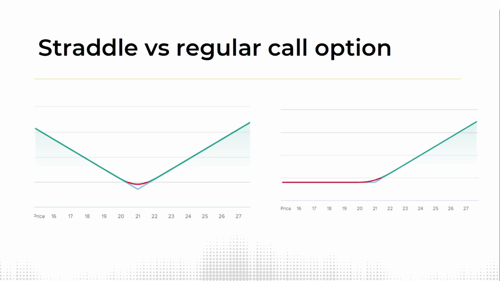That means if GME won't move, I'm in the red zone, I'm going to lose money. Neither my put nor my call will give me any profits. And if we had just bought a regular call option, of course I would have made money if it went up. So there is a big difference, as you can see.